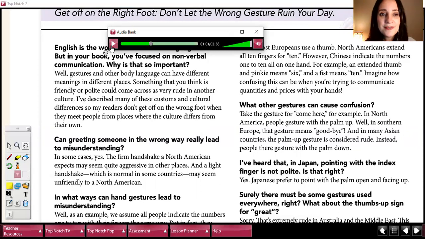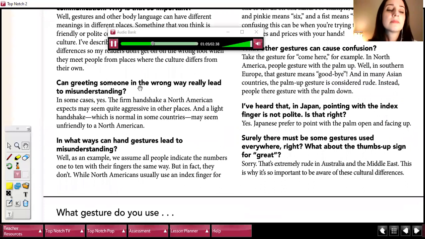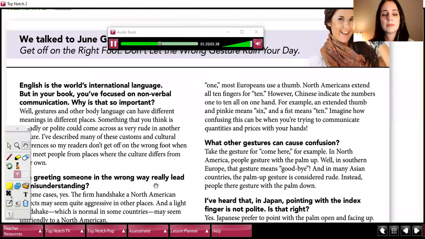Let's continue. In what ways can hand gestures lead to misunderstanding? Well, as an example, we assume all people indicate the numbers 1 to 10 with their fingers the same way. But in fact, they don't. While North Americans usually use an index finger for 1, most Europeans use a thumb.